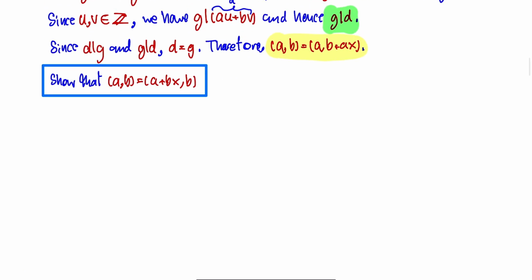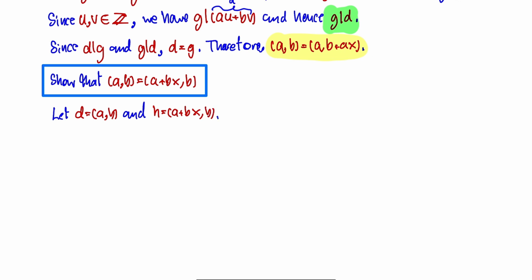So we're going to let D be the greatest common divisor of a, b, and let's use H to be the greatest common divisor of a plus bx and b.